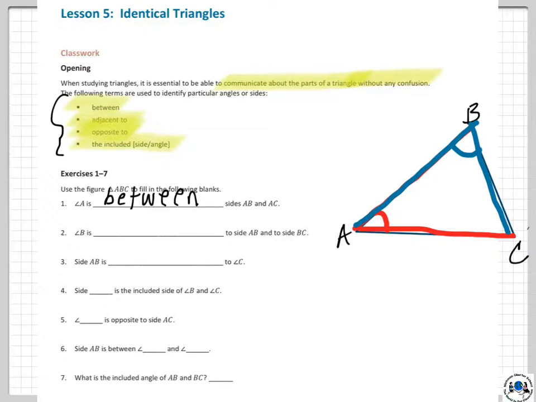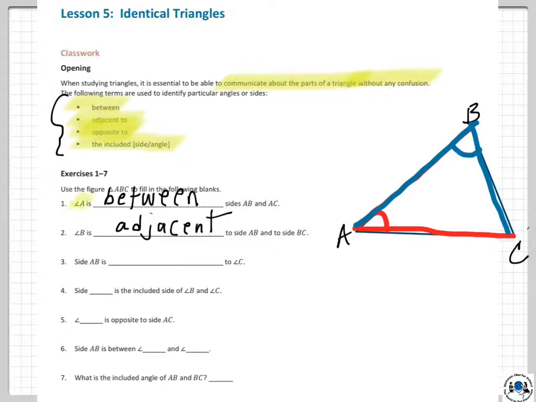So the answer we have here is adjacent to side AB and to side BC. The difference here is just in the wording at the end.